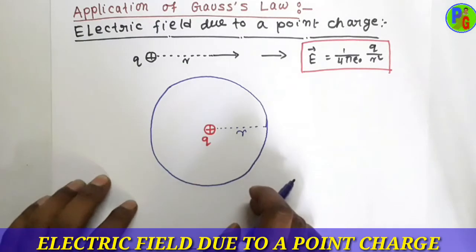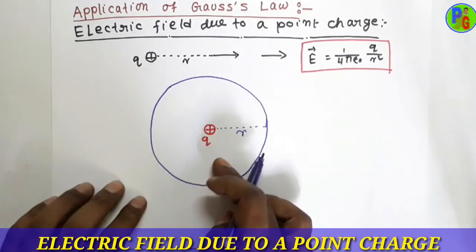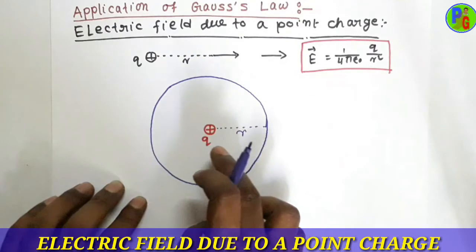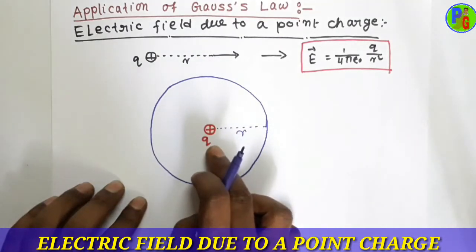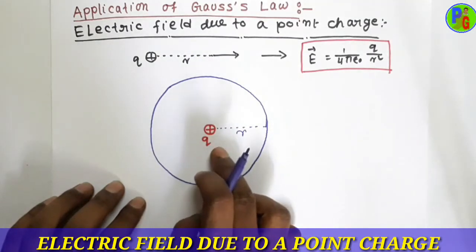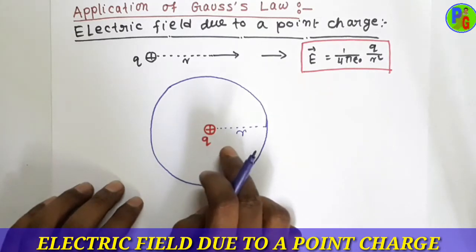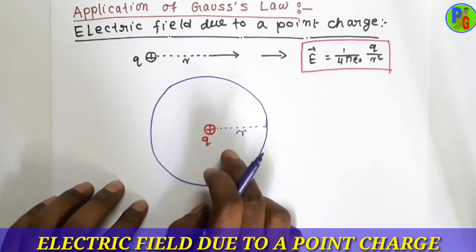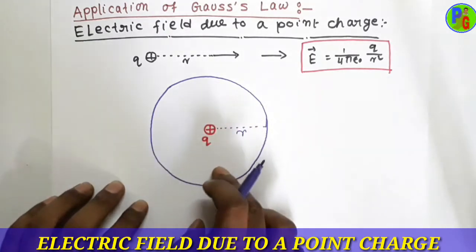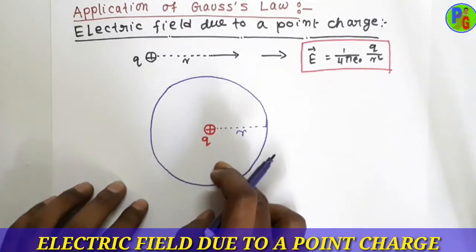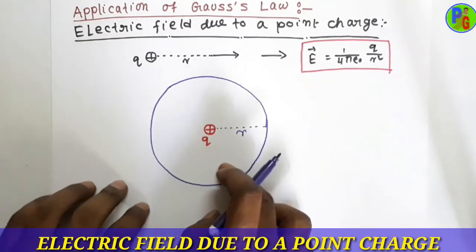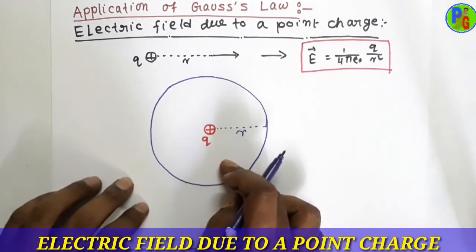Now you have to understand why I have taken a spherical surface as the Gaussian surface here, because when you try to find the electric field due to a line charge distribution or a planar charge distribution, in those cases the Gaussian surface will not be a sphere. If you understand why we have taken a sphere here, then you can easily determine the Gaussian surface in those cases also.